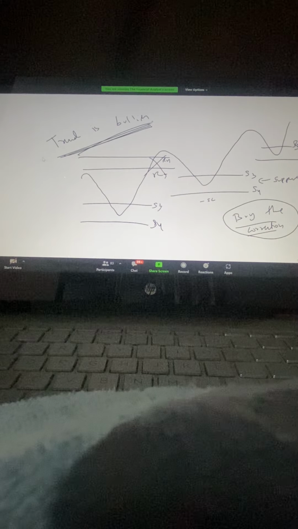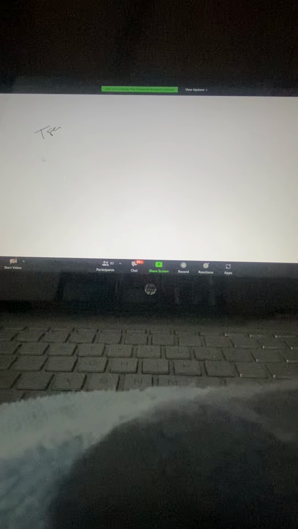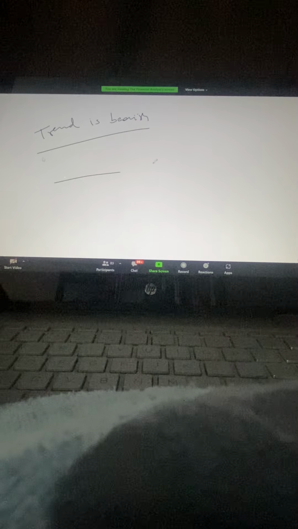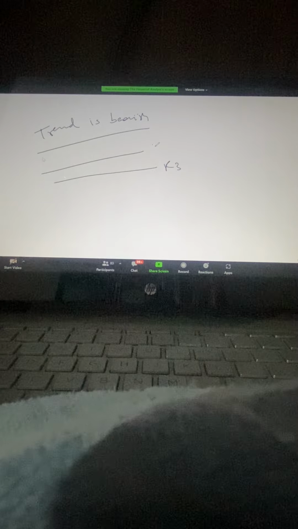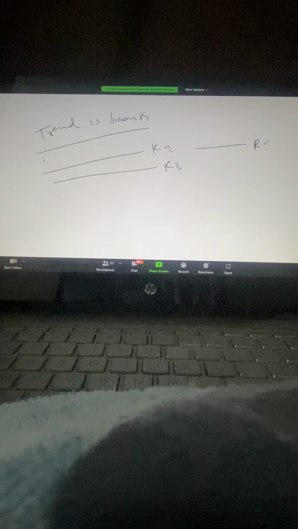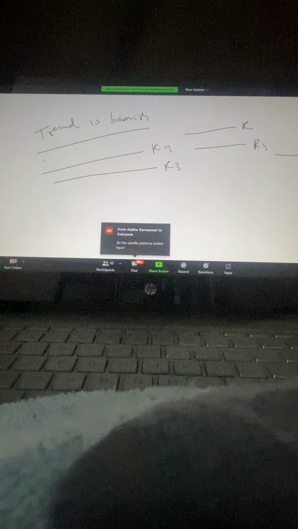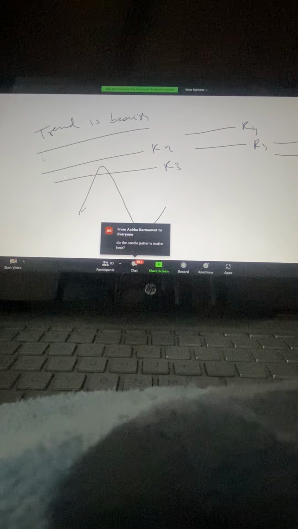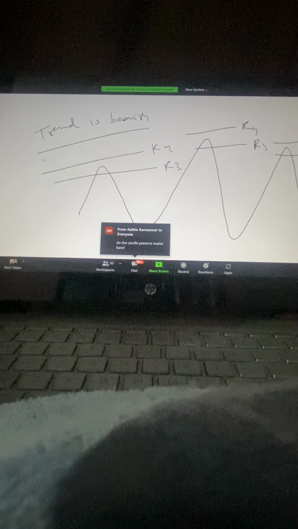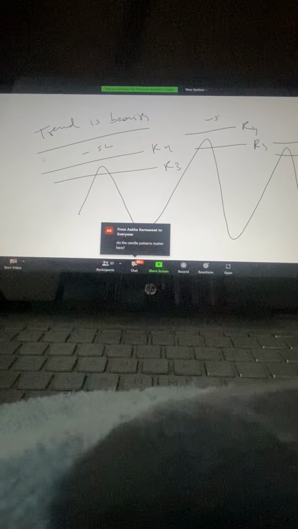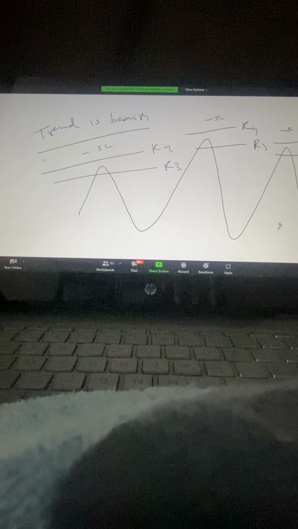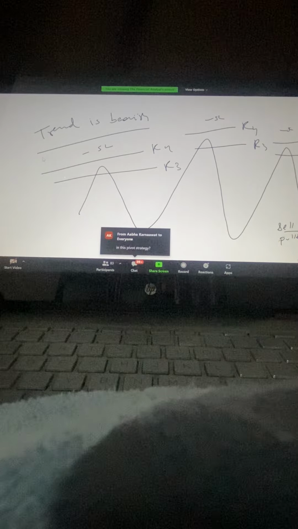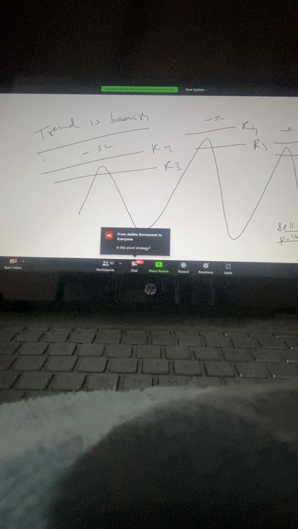Okay, if the trend is bearish, we will sell the pullbacks. So this is like selling the second pullback or third pullback.